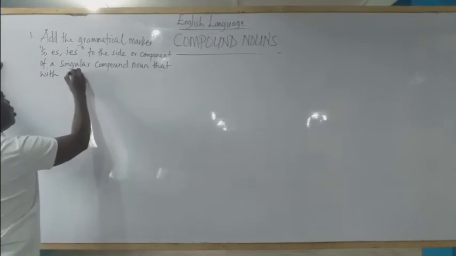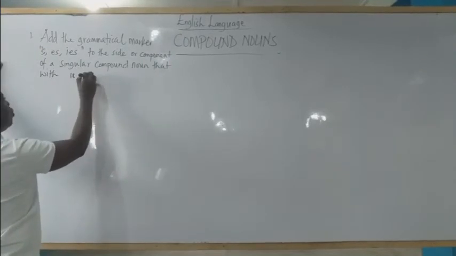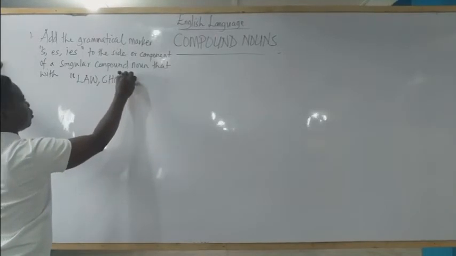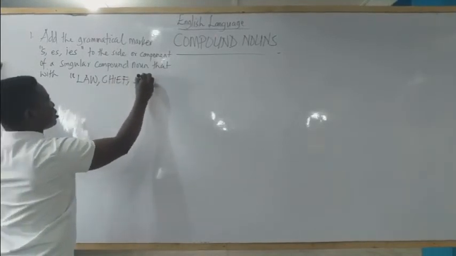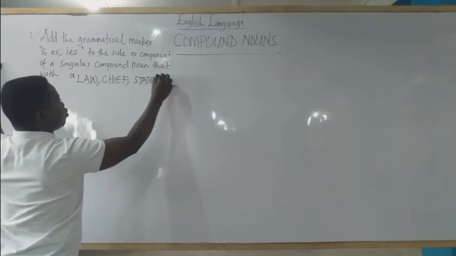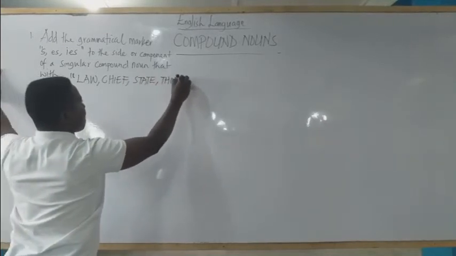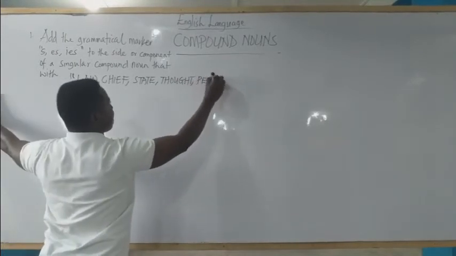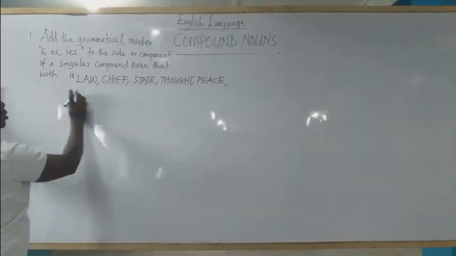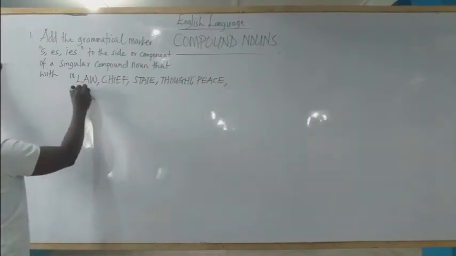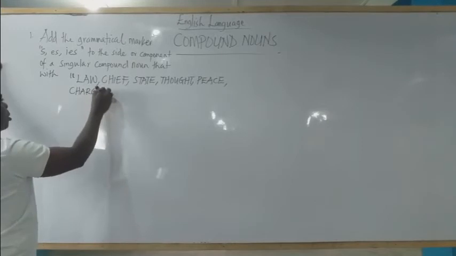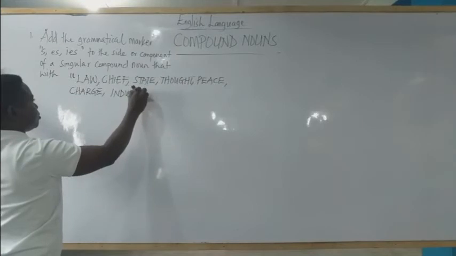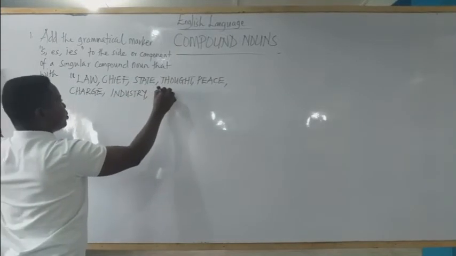Now what are those words? Number one, we have law. We have chief. We have state. We have thought. We have peace. We have charge. We have industry. We have ceremonies.